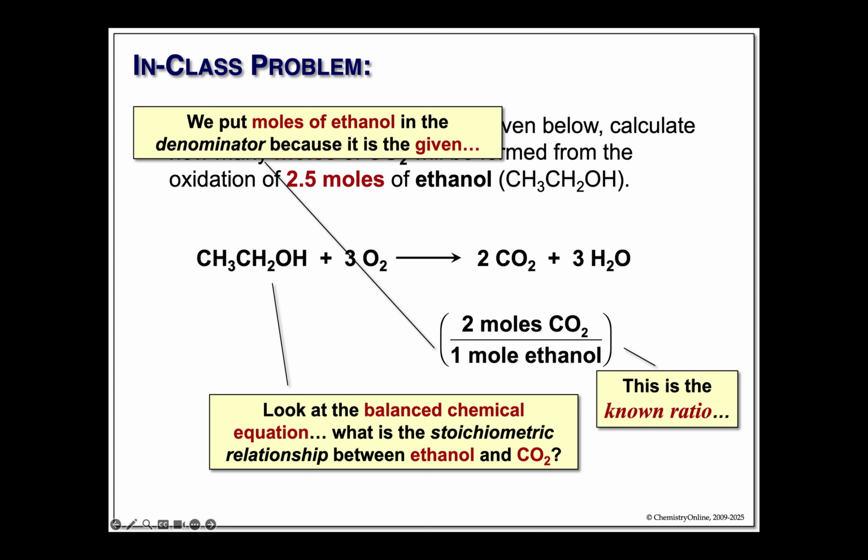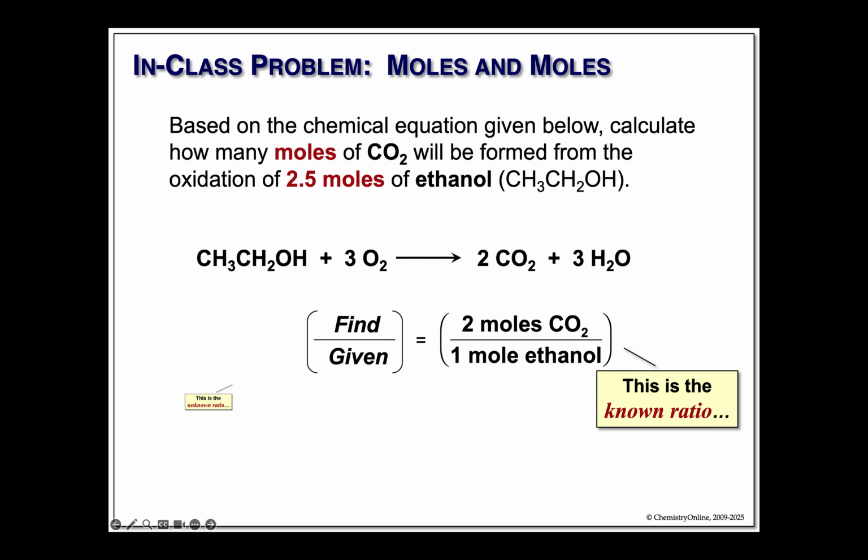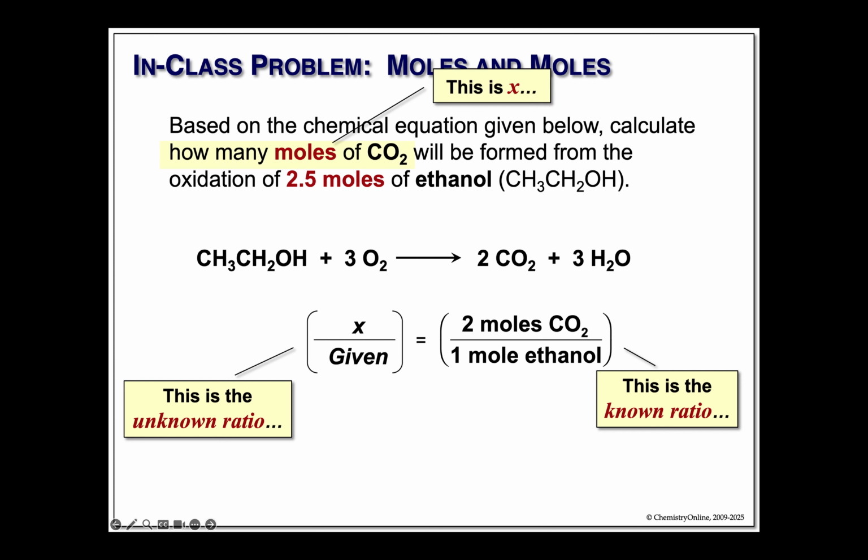The unknown ratio, you go and you look at the problem. You're going to do the find over the given. What we're trying to find here is moles of CO2. We're going to call that X. Moles of ethanol are given, so let's stick both of those in.